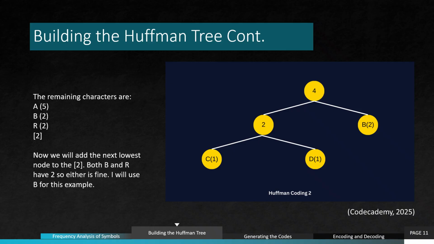And the next one will be between B2 and R2. So we can do either one, but for this example, I'm going to take B2 and use that. So you'll put B2 to the right, and adding B2 to 2, you'll get 4.